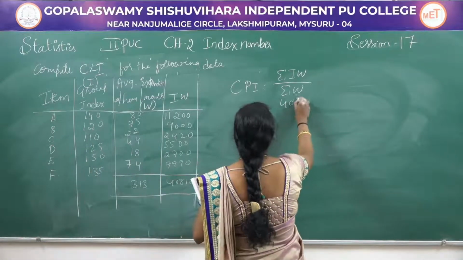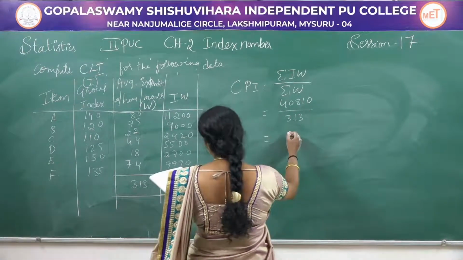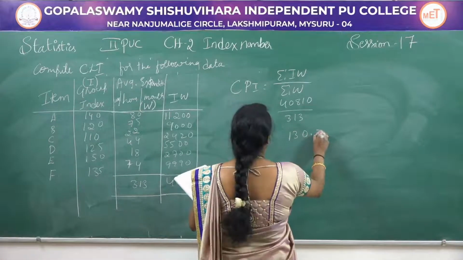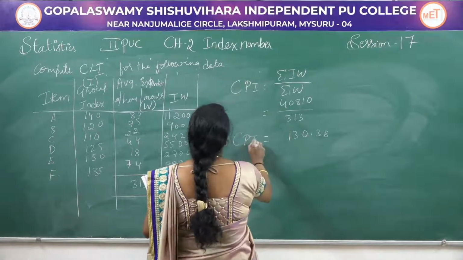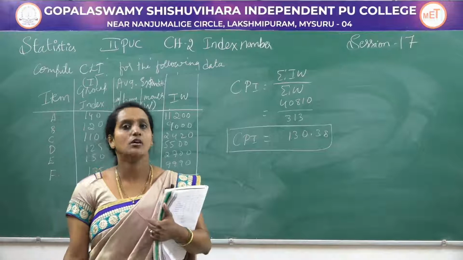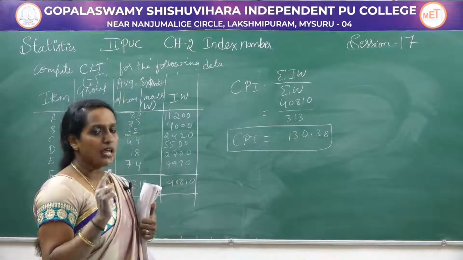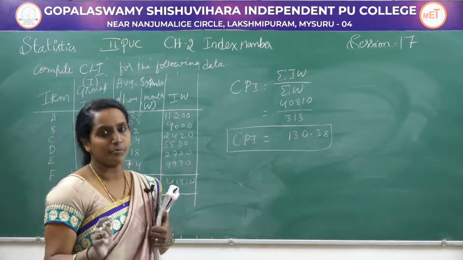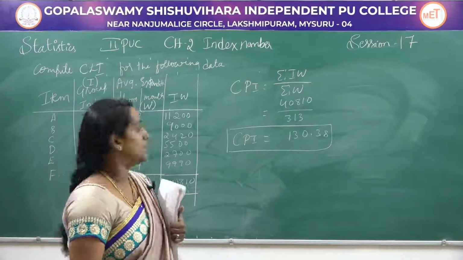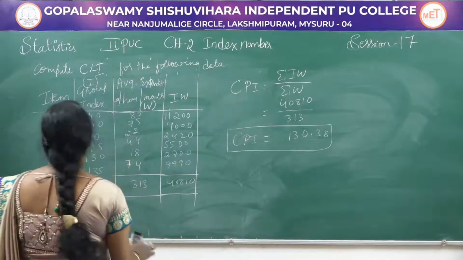This is 40810 divided by 313 and this is 130.38. Here in this formula also we will not multiply by 100, because already they have calculated the index. Simply we have to take the product. Again, no need to multiply this by the 100. This is how we have to calculate if they have given the group index.